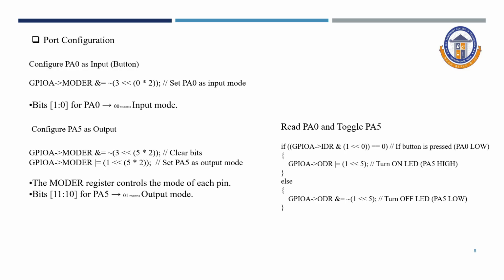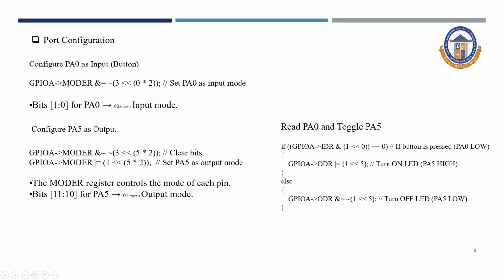In this microcontroller, there is a register called MODER, which is nothing but the direction register. In this direction register, I configure the port A 0th pin to be in input mode. That code I have mentioned here.